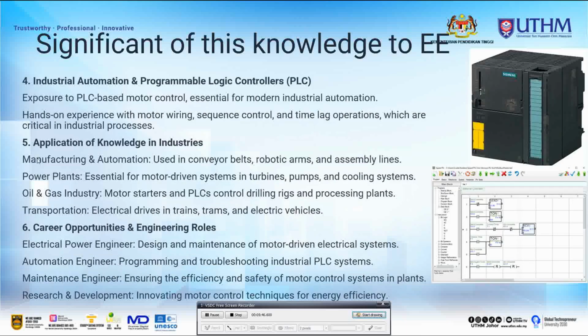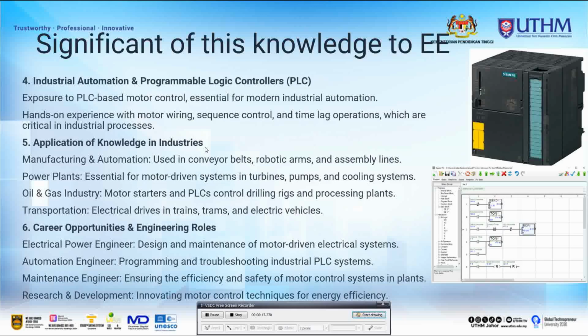Okay, the fourth part is this knowledge will help you in industrial automation as well as the programmable logic controller, PLC. This will give you exposure, and from there you can do the setup for the automation using the PLC. Okay, the fifth one is application and knowledge in industry.